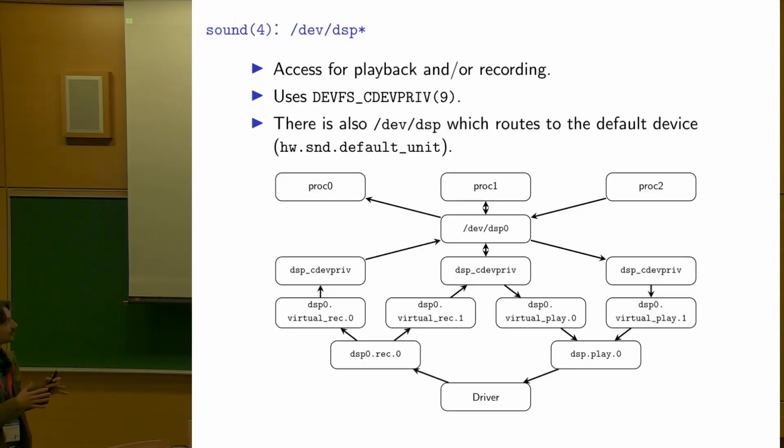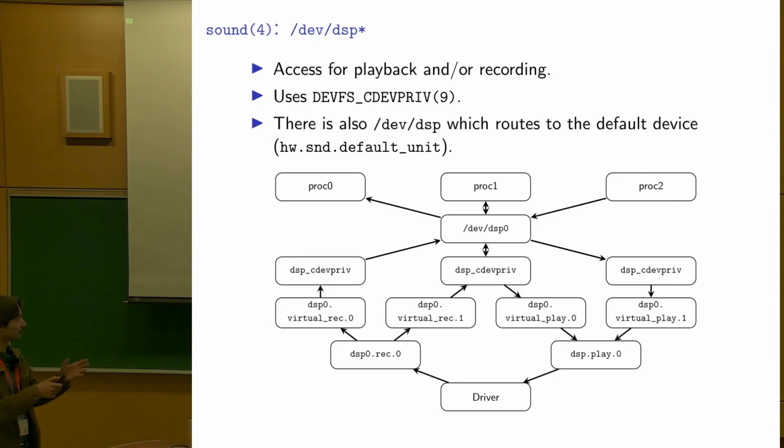So this is how the DSP thing works. When you access one of these devices, these are your processes, you access the device, and then using the cdev-priv framework, we can just assign channels to each device. So this one will go to proc 0, this one to proc 1, this to proc 2.